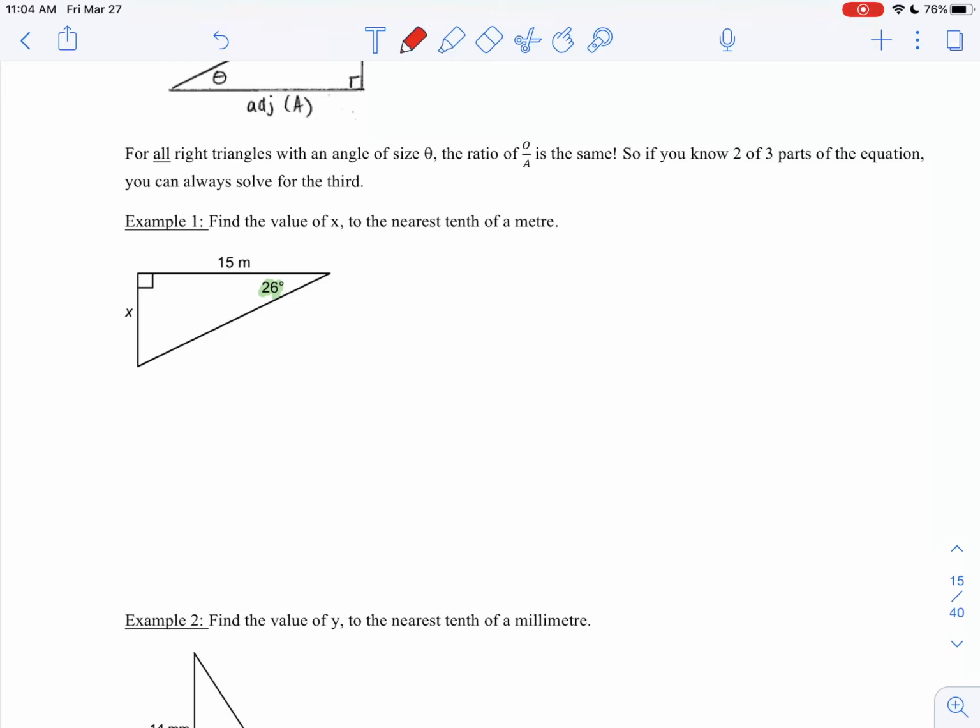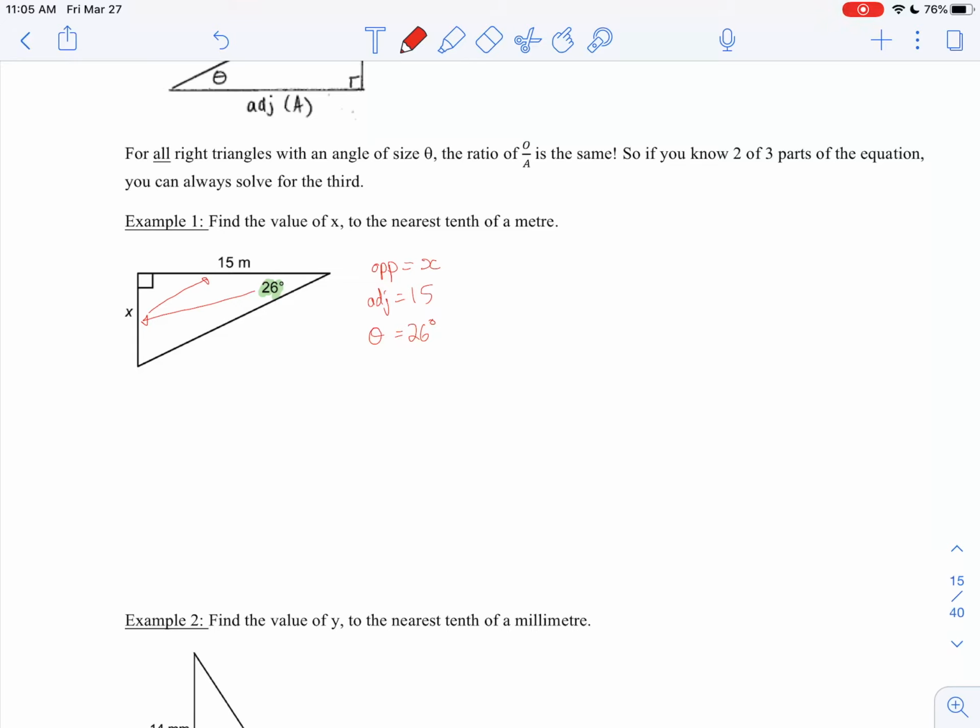The side length opposite 26 is x, and the base of the triangle, or the adjacent, is 15. So I'm going to write that out over here. My op is equal to x, unknown. My adjacent is equal to 15, and my theta is equal to 26 degrees. Notice how your opposite and your adjacent can change depending on what angle you're looking at.